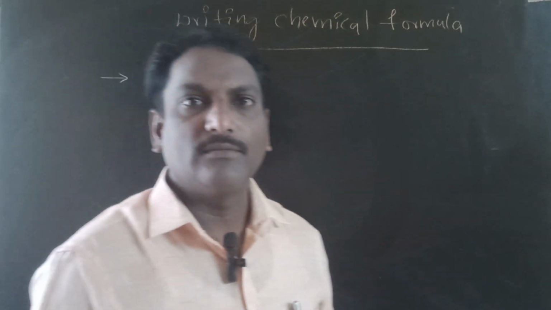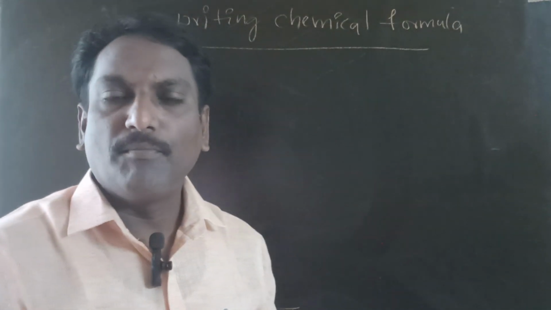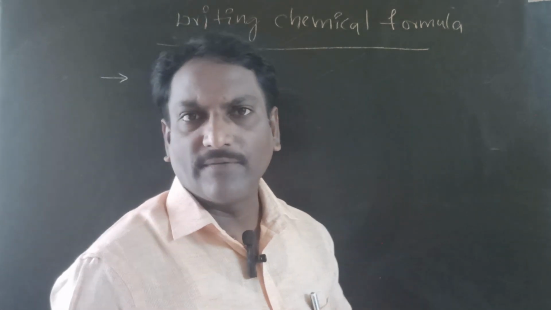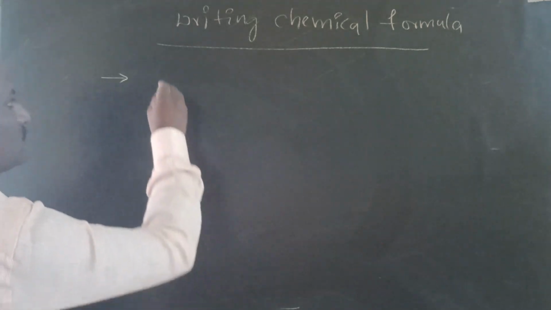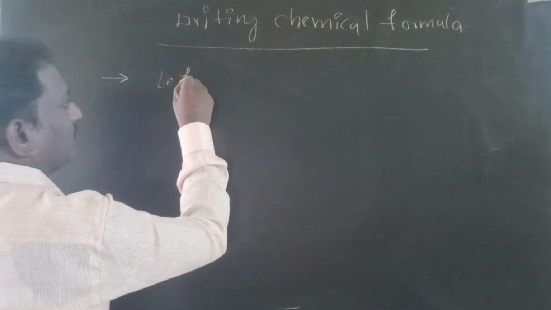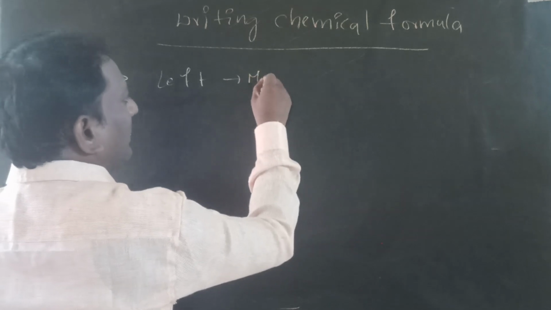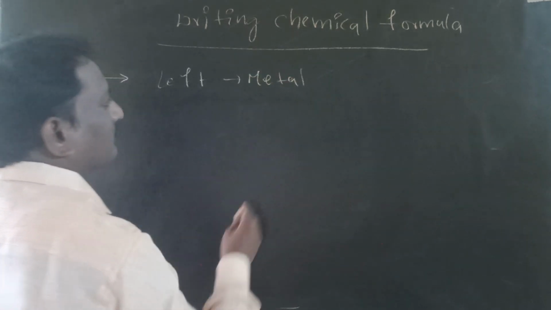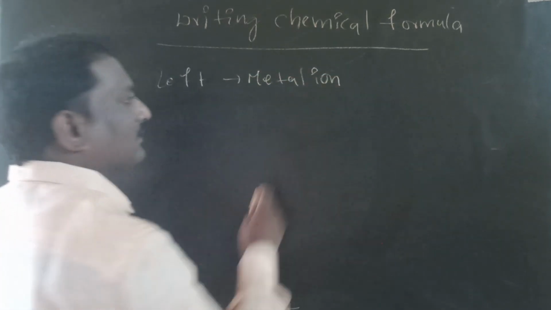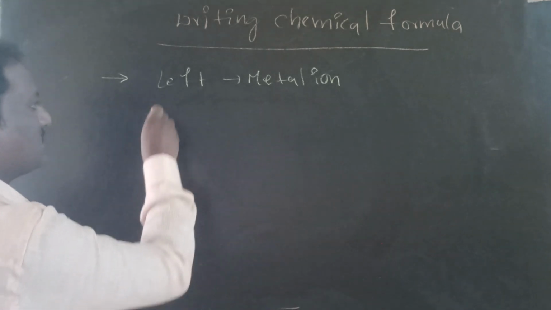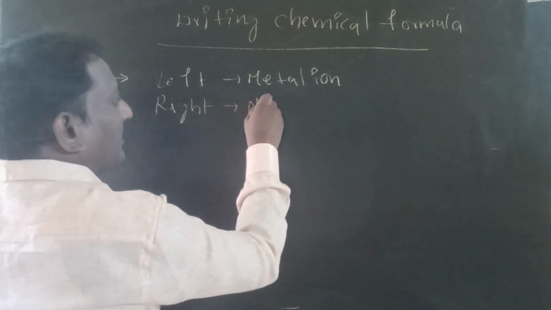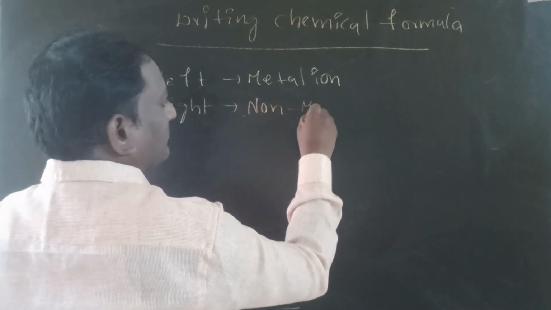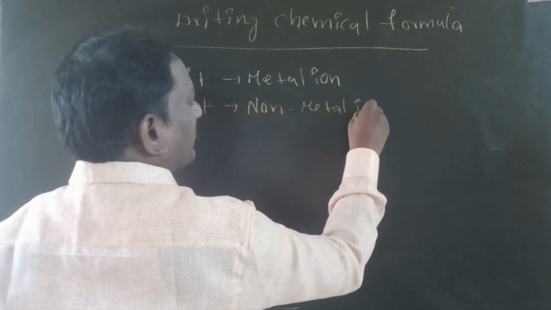Rule number 1: in case of metal and non-metal, the metal must be written on the left side and the non-metal must be written on the right side. Metal ion must be written on the left side, and non-metal ion must be written on the right side.